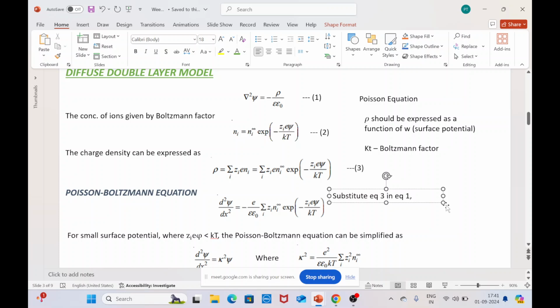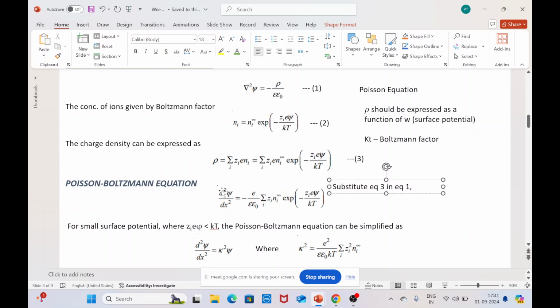Once you do that substitution, this can be written as dou square psi by dou x square equals minus the expression for rho. From here you can take certain things common, that is e, which will always remain the same.